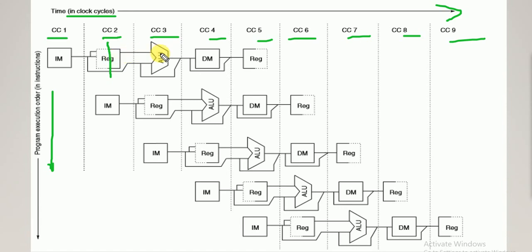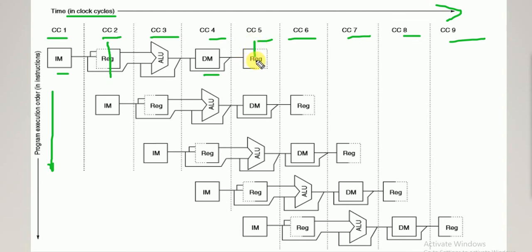Then that is given to the ALU. This is the execution place, which happens in the third clock cycle. Then for data memory access, it refers to the data memory. So instruction memory is there, data memory is there. Finally, after getting the result, it will be stored into the register again.